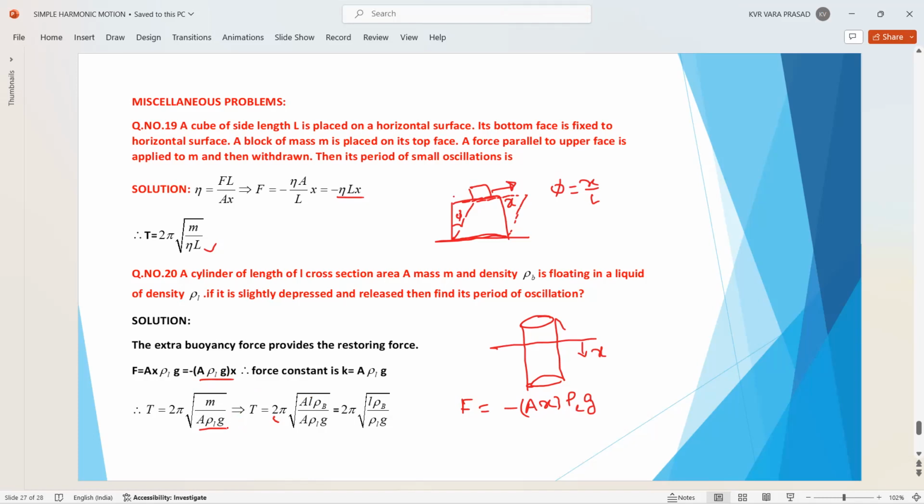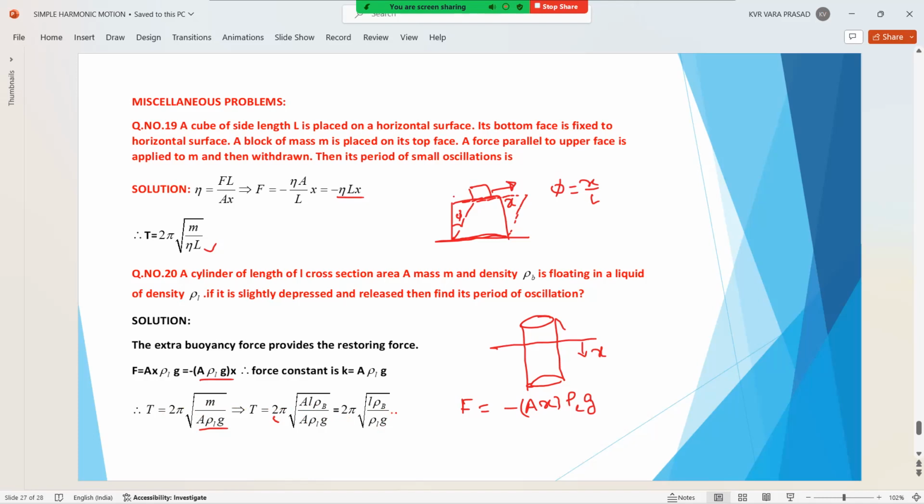Suppose you want to express it in terms of the length of the cylinder. Then in place of mass, you can write area into length, that is volume, into density of body. So area gets cancelled. The remaining is 2 pi root of L into density of body by rho L into acceleration due to gravity.